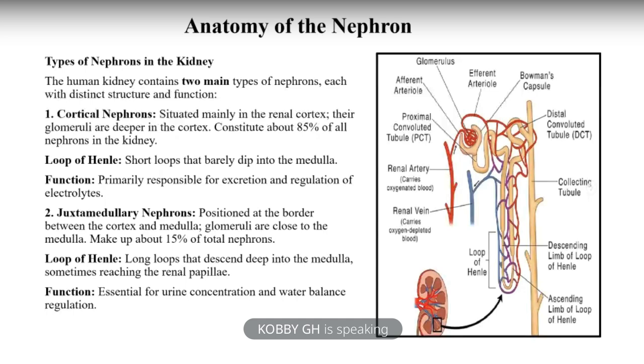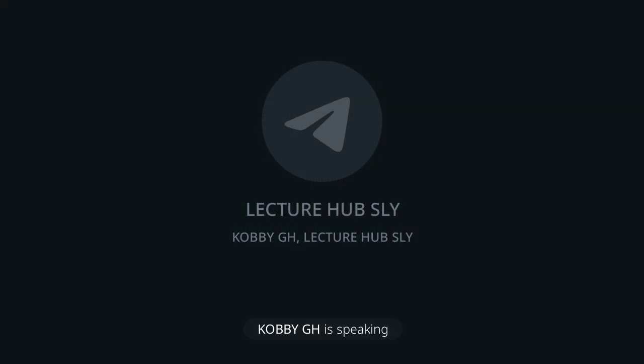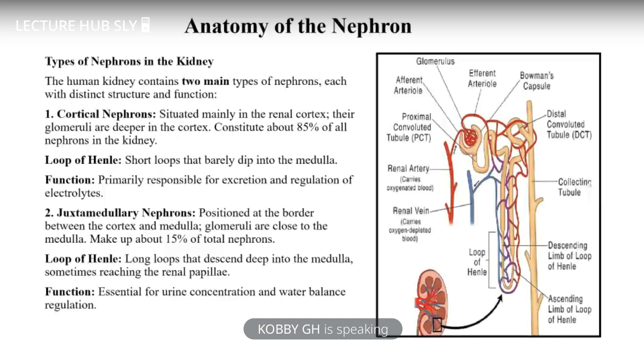Simple as that. Is that okay? So basically that is it for the nephron. That is what forms the various parts of a nephron. As the filtrate moves through these structures, substances are reabsorbed, substances are secreted, and eventually urine is produced.